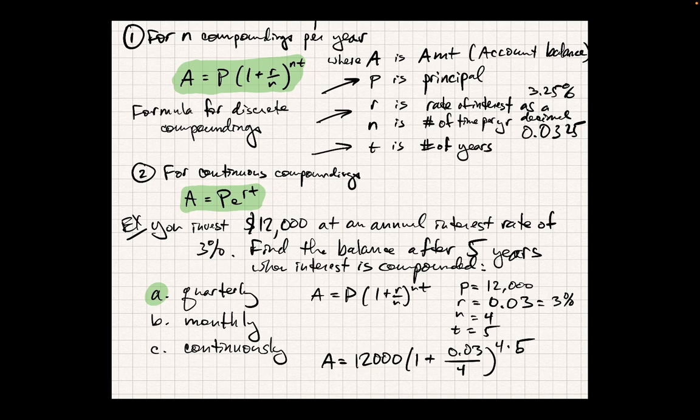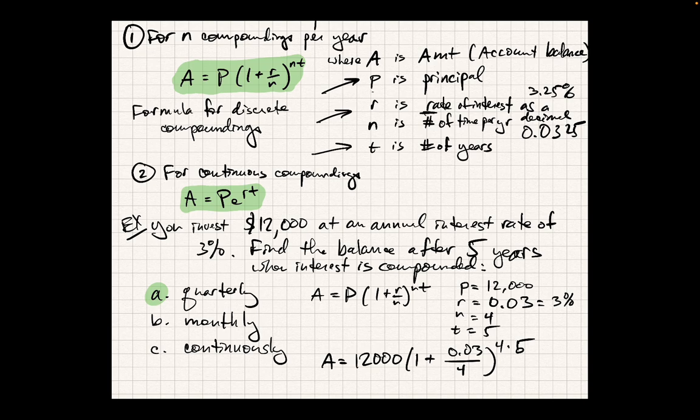Where the arrows are pointing, you see where the arrows are pointing to the letters? Right. What words are in what line? So this is explaining what all these symbols mean. So A is the amount, it's the account balance. Amount and account balance both start with A, so you could think of it either way for your A. Principal starts with a P.